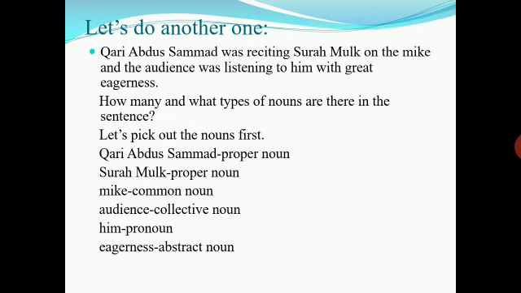Mic is a common noun. Audience, it's a collective noun because a group of people make up an audience. Him is a pronoun. This is used in place of Qari Abdul Samad. Eagerness, it's an abstract noun because it's an emotion.